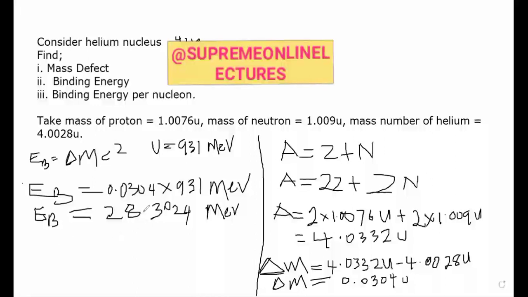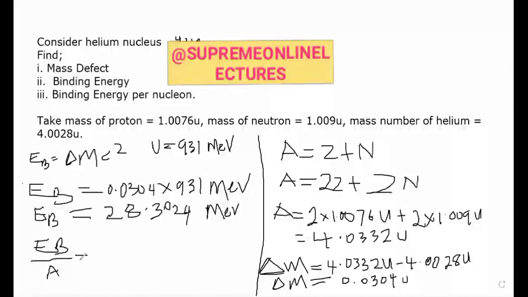So this is the minimum amount of energy that we would be required to separate the proton from the neutron. And if we are to find the binding energy per nucleon, that would simply be the binding energy EB all over the mass number.